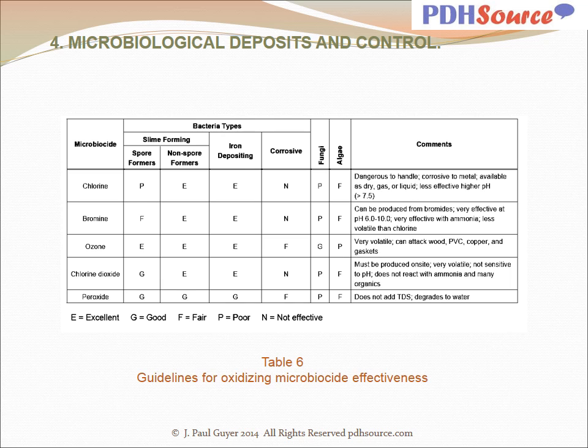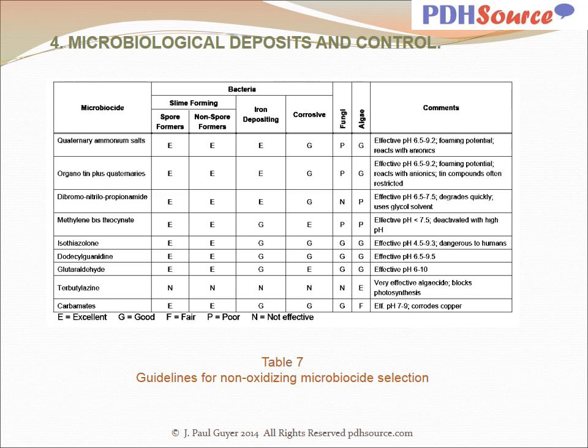The microbiocides: chlorine, bromine, ozone, chlorine dioxide, and peroxide, and their efficacy with different bacteria types, and then some comments of interest. Table 7 provides guidelines for non-oxidizing biocide selection.